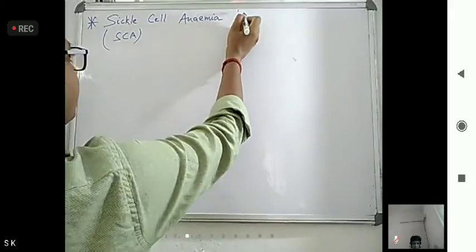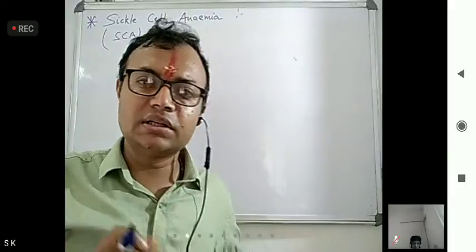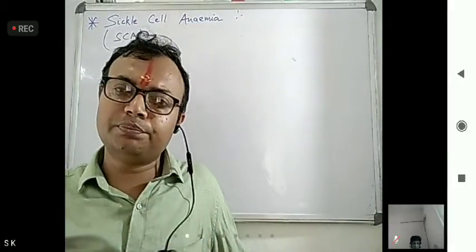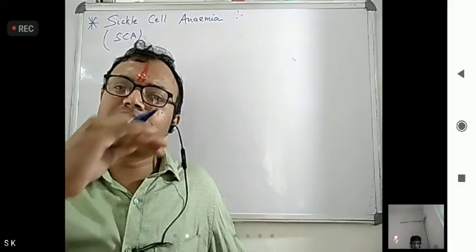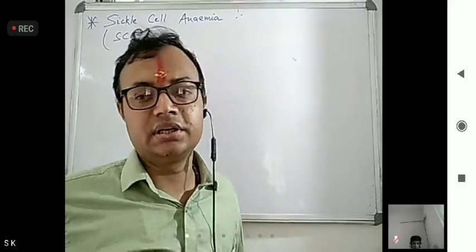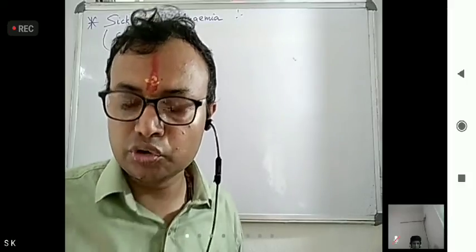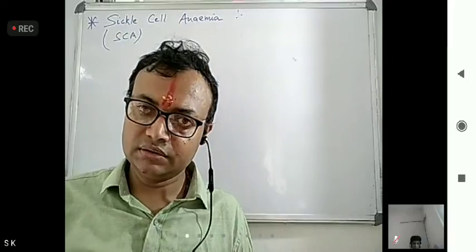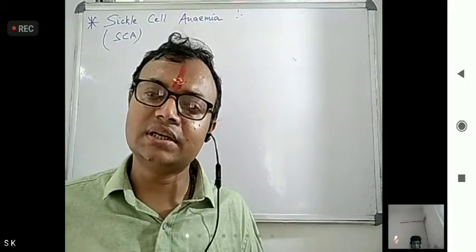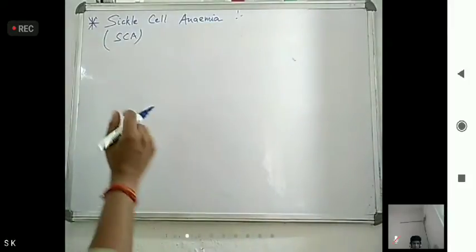Why does this name come? Because here RBC generally having a rounded shape, but in this type of patients, RBC becomes sickle shaped. Okay, and that's why it is known as sickle cell anemia. Here what happens? Chromosome number 11, sickle shaped hemoglobin present.